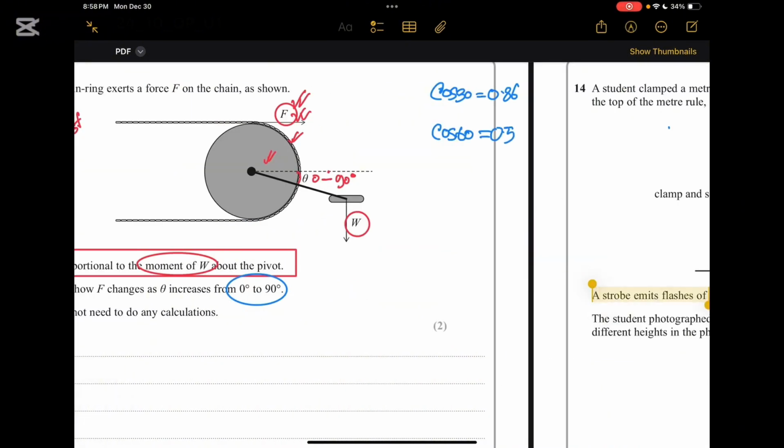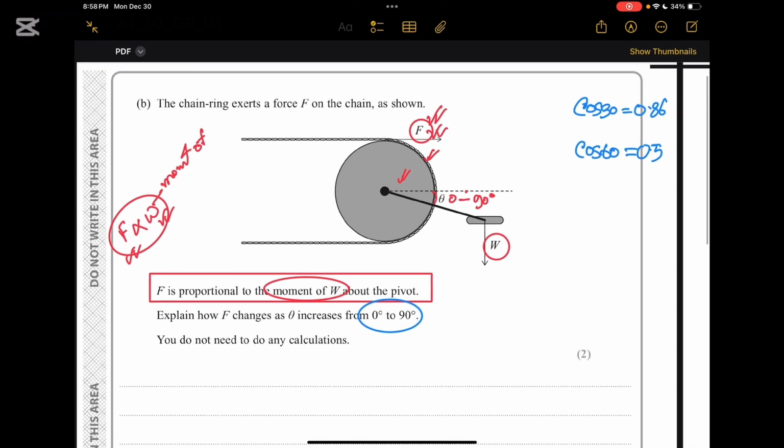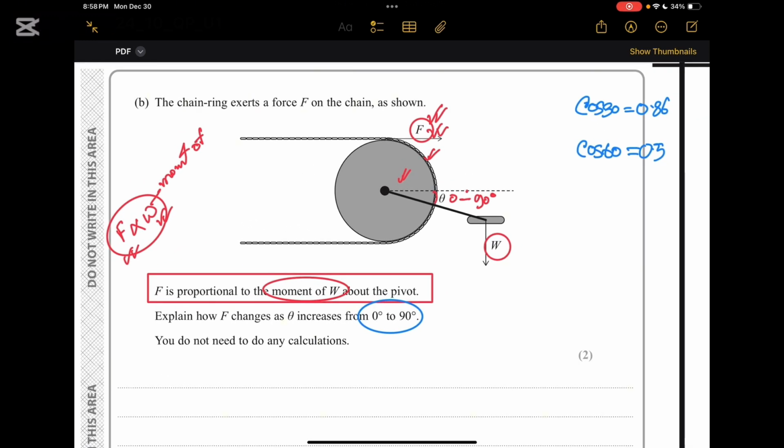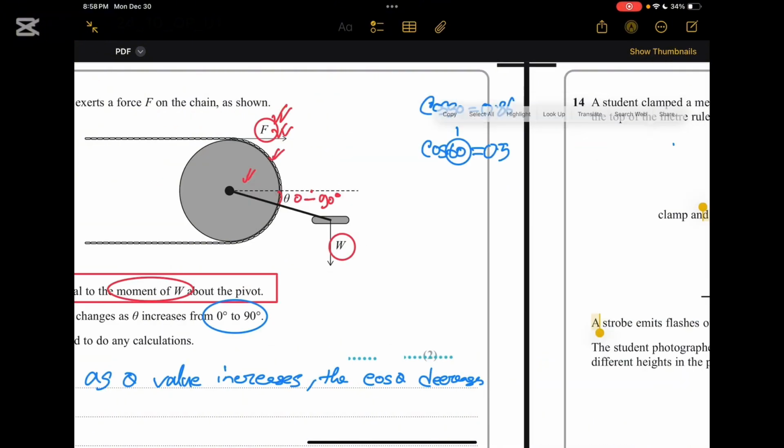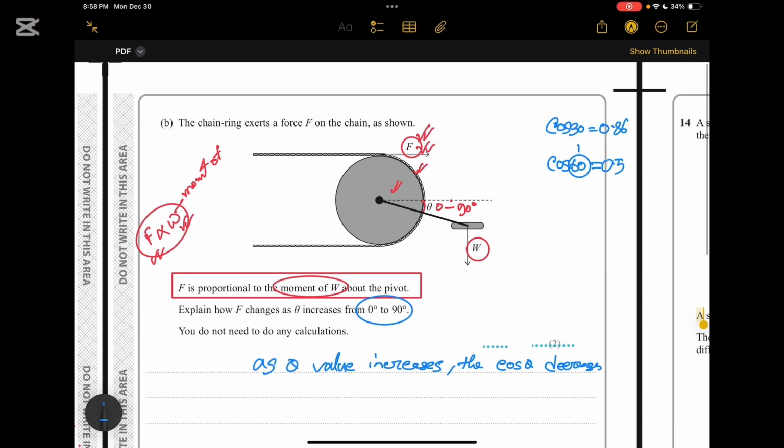So what we have seen right here is, as the theta value increases, the cos theta decreases.